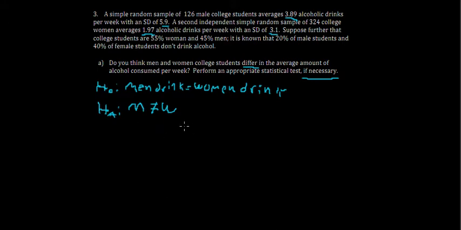So how do we test this hypothesis? Well, remember we have this formula: the observed minus expected over the SE of the difference. Difference of what? The difference of the averages. So what is the SE? We have to compute the SE for men.